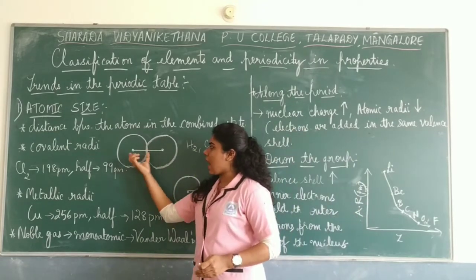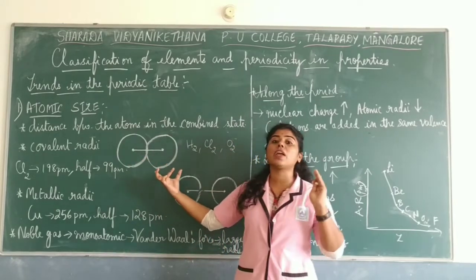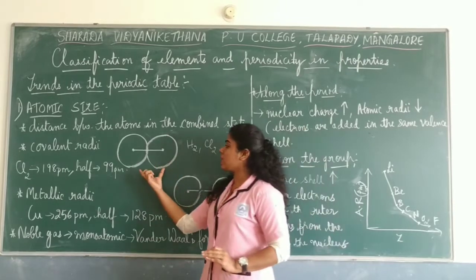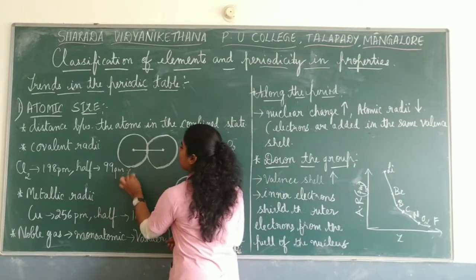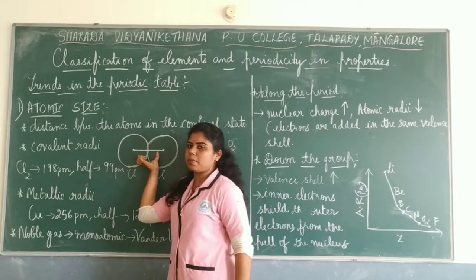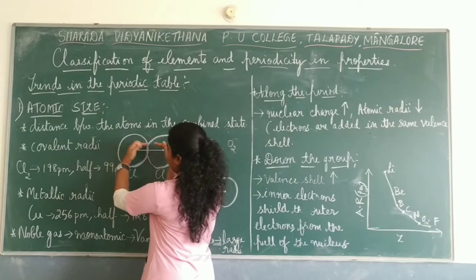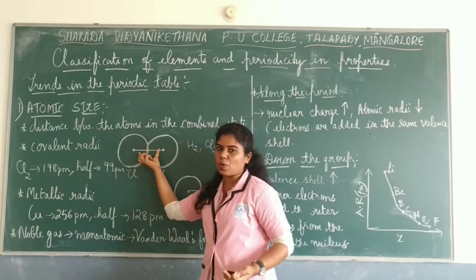Now here, for the example of covalent radii, I told you they should always be in the combined state. Now if you take this example, imagine you have two chlorine atoms which form a diatomic molecule by forming a covalent bond. So they have formed a bond, that's why they overlap and form a bond over here.